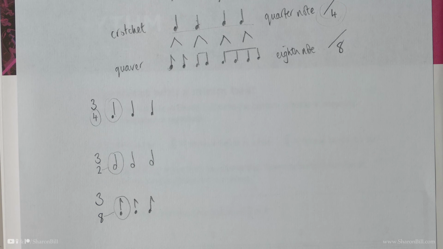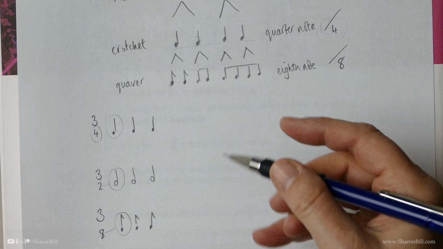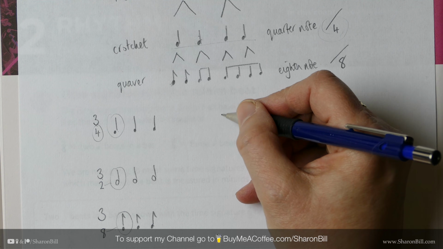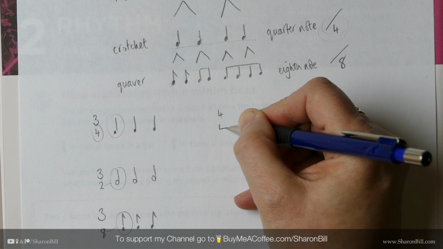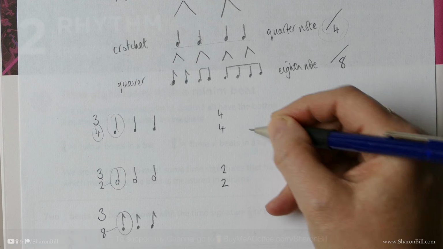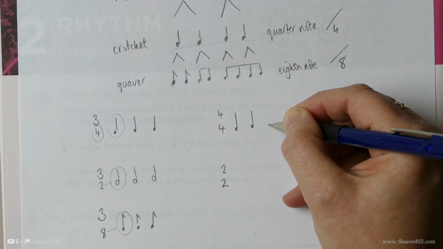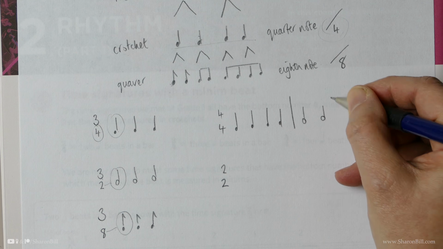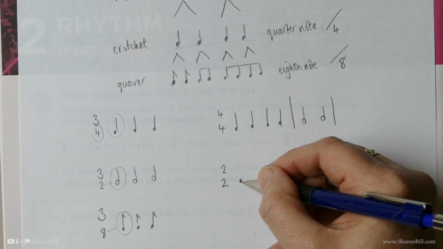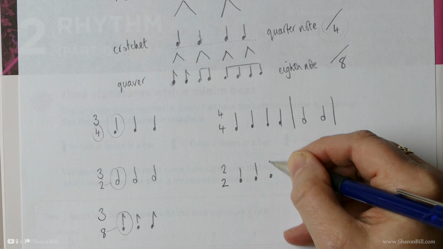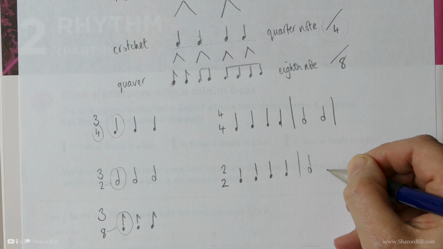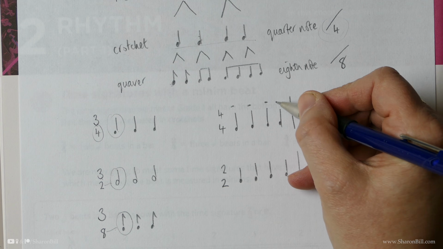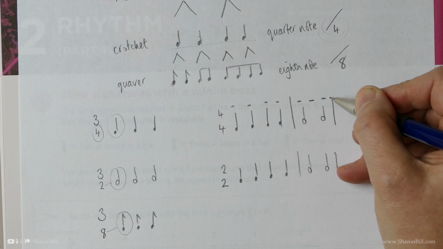And so let's compare, for example, 4/4 with 2/2. So 4/4, and then 2/2, exactly the same mathematically. However, here we're counting 1, 2, 3, 4, 1, 2, 3, 4.